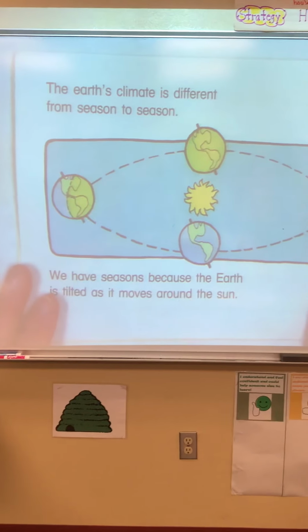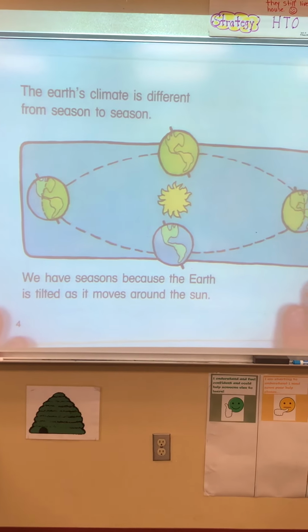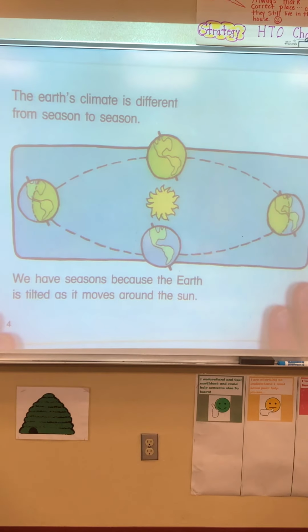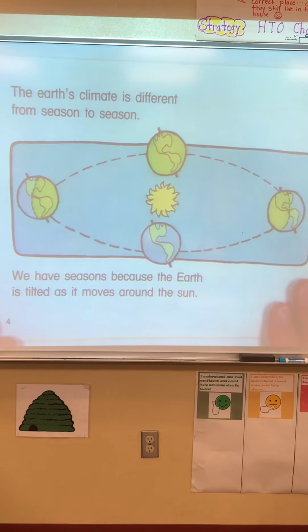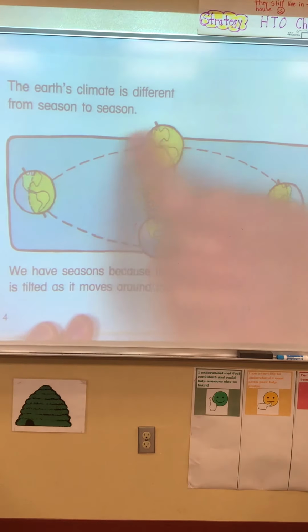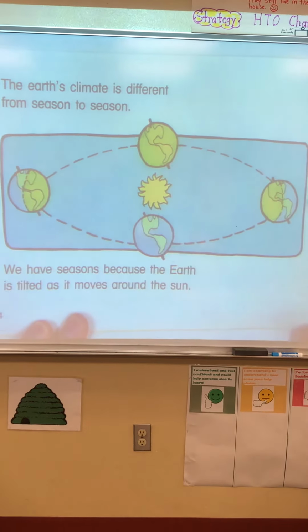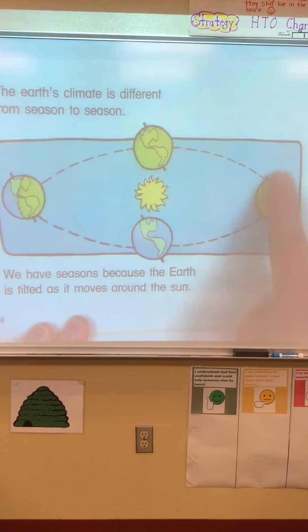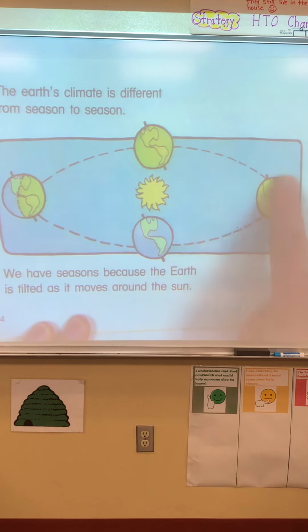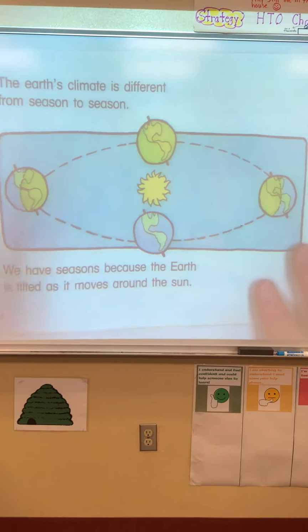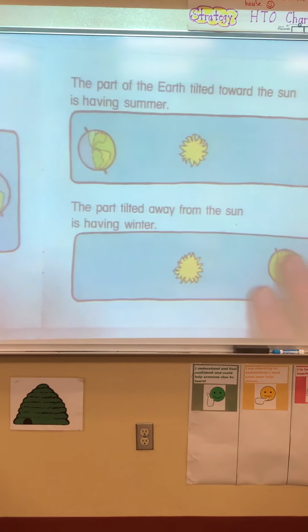Oh, so the Earth's climate is different from season to season. We have seasons because the Earth is tilted as it moves around the sun. So as you can see, we have tilts here. So if it is hot, I wonder what season or how the Earth is tilted here and what causes summer.